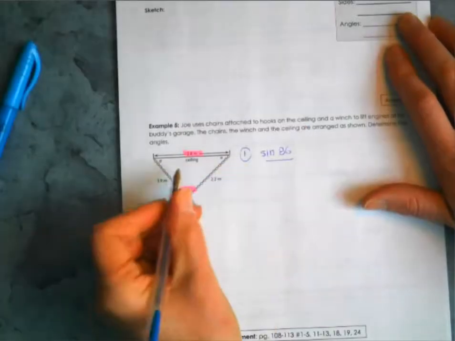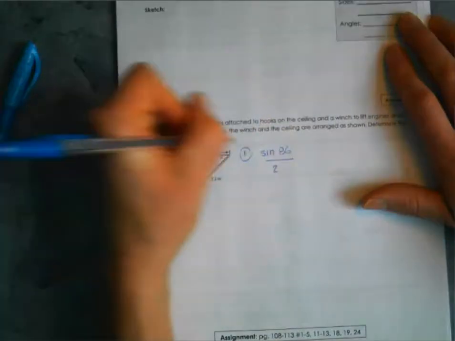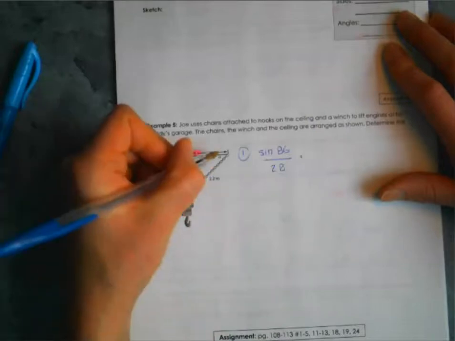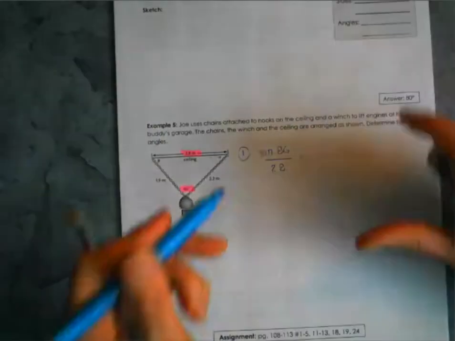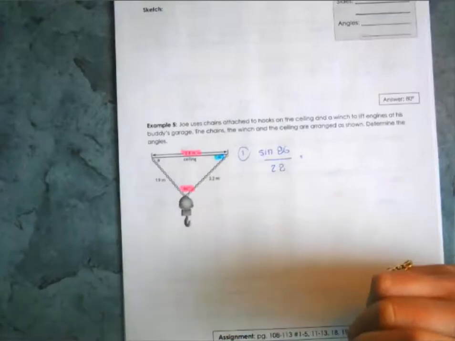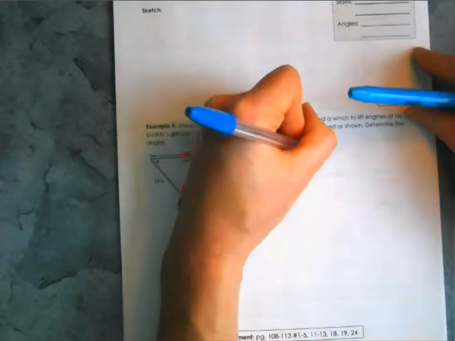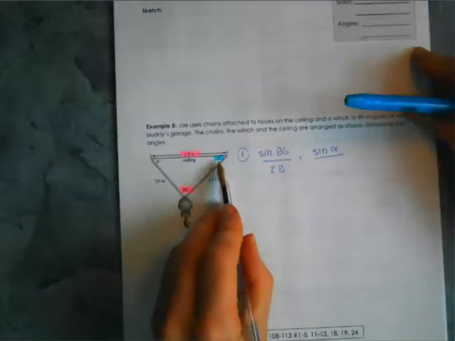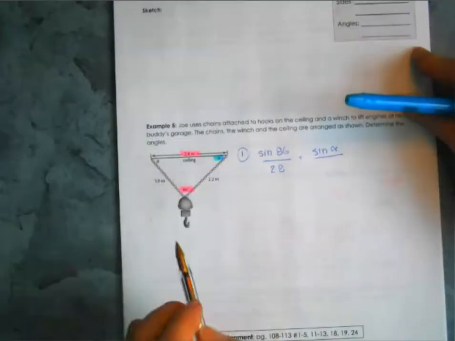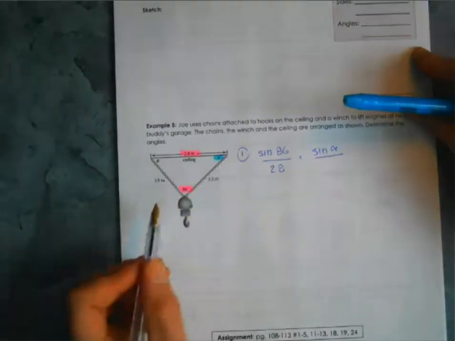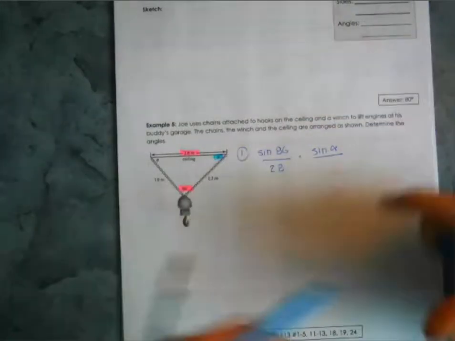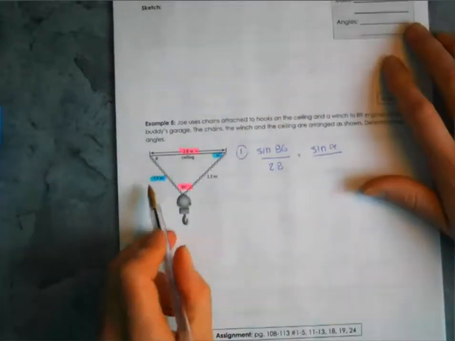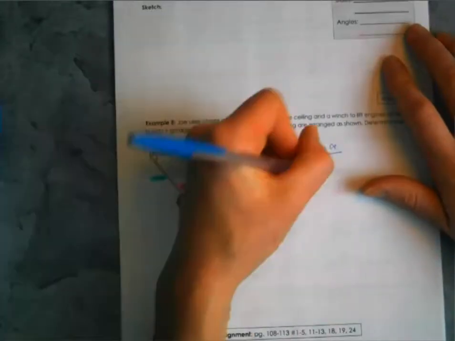So sine 86 divided by the thing that pairs with it, which is 2.8, is going to be equal to, if we're looking for angle alpha, sine alpha divided by, sorry guys, if you're not familiar, that's the Greek sign for alpha, or the letter A. So going straight across from there, we're going to have 1.9. We want to make sure we use the correct side, not this 2.2.